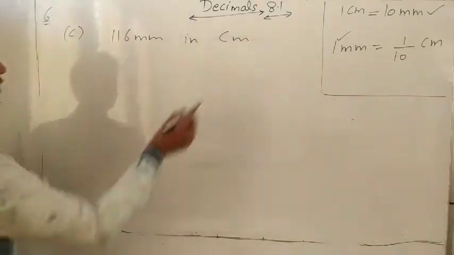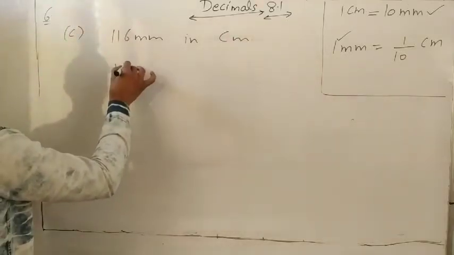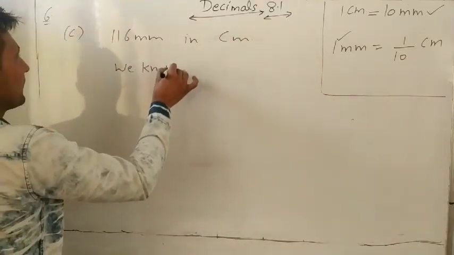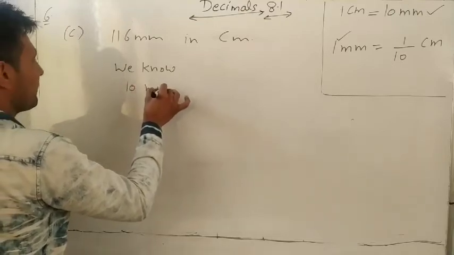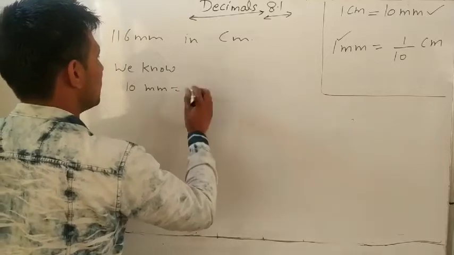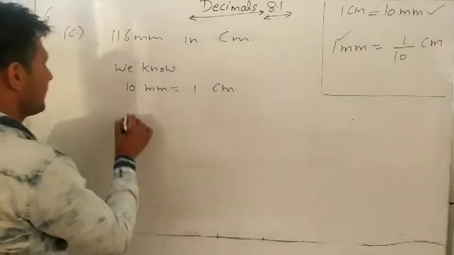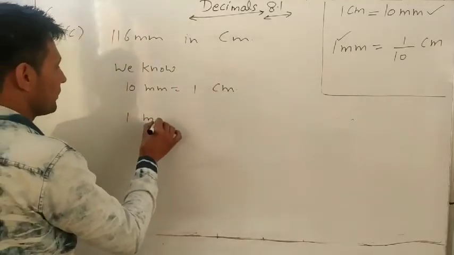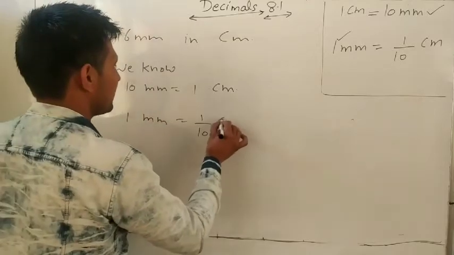So how will you write? Same as it is, we know 10 mm equals 1 centimeter and 1 mm value is 1 by 10 centimeter.